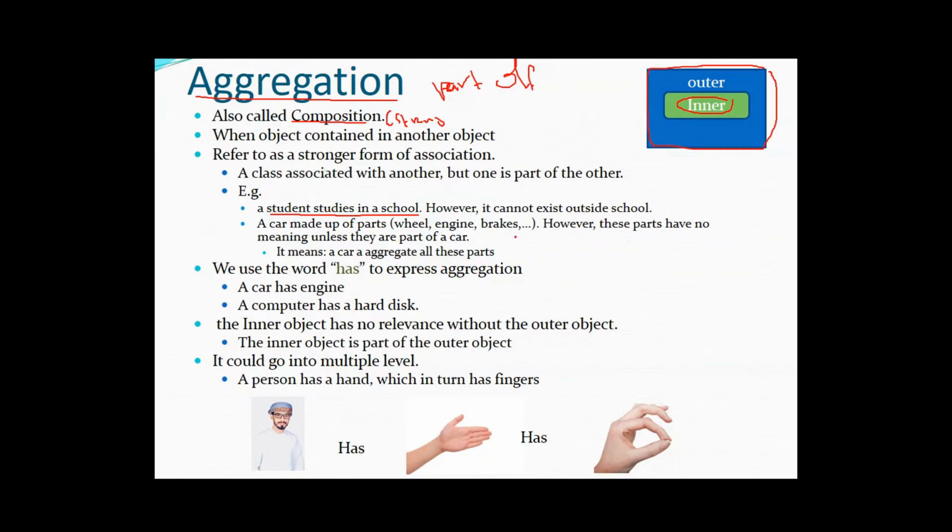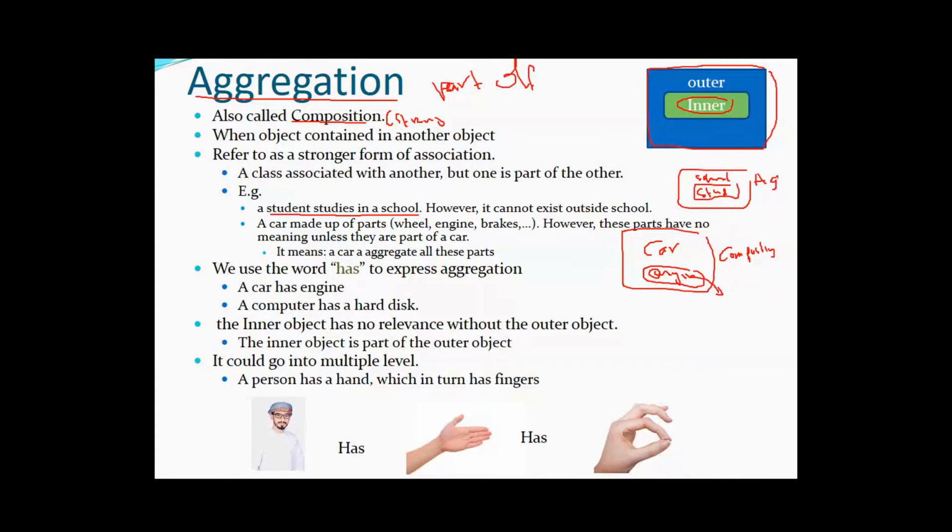But if you say, for example, a car has an engine, okay? A car has an engine. A car contains what? Engine. If you take the engine out, we cannot consider it as a car. It will not be working. So this is called composition here. Student and school are what?